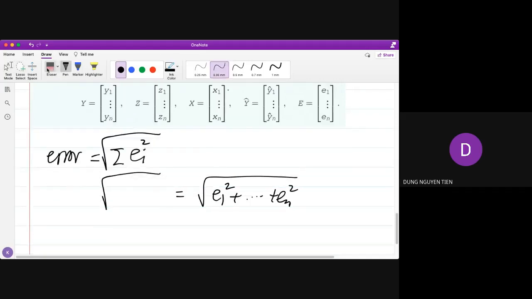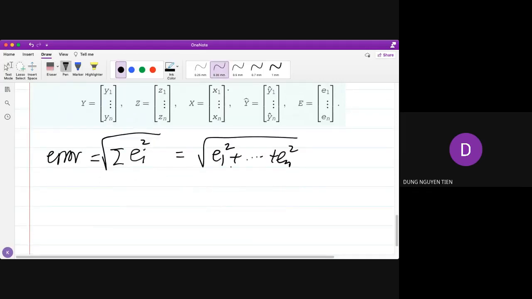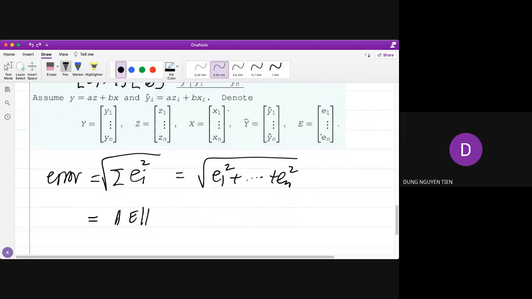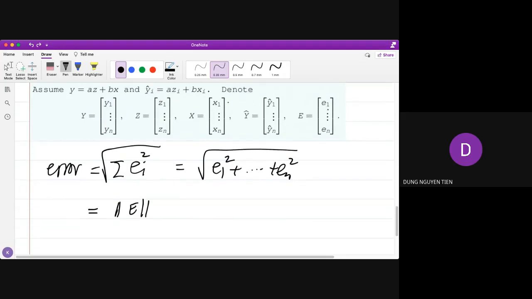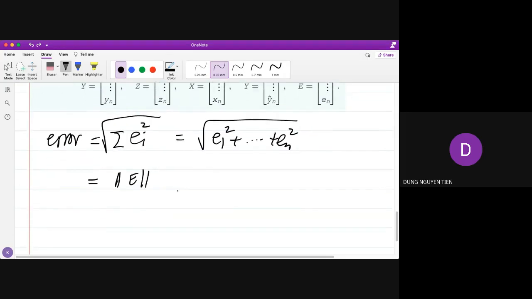So this is simply the standard Euclidean inner product. I can say this is the norm of the vector e, where the vector e has components e1 to en. So you want to minimize this one.